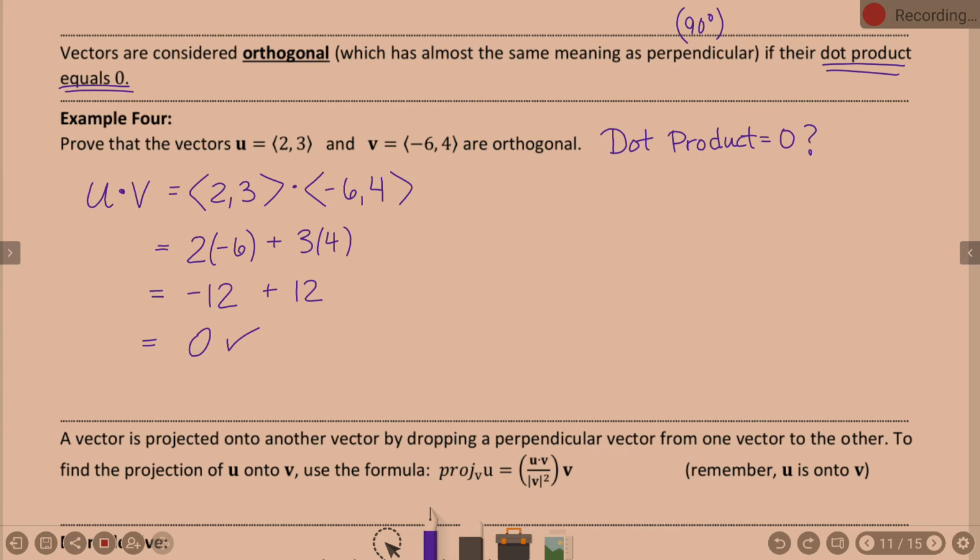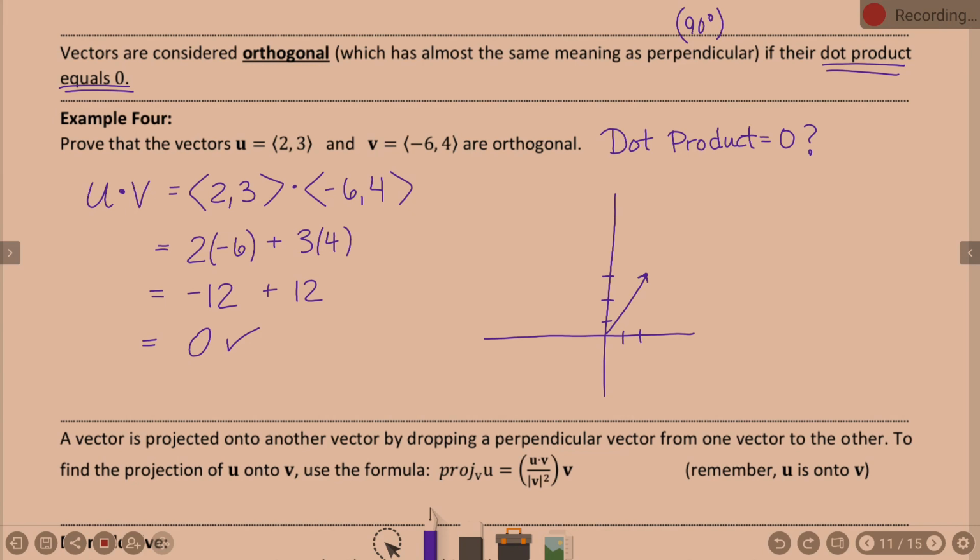Now, quick visual. I don't know if you guys care about the visual as much as I do, but I think it's always nice. Vector 2, 3. Where is vector 2, 3? I'm going to go right 2, up 3. So there's the first vector.